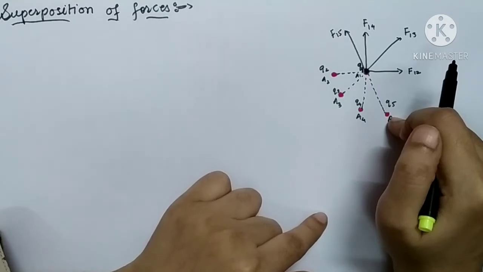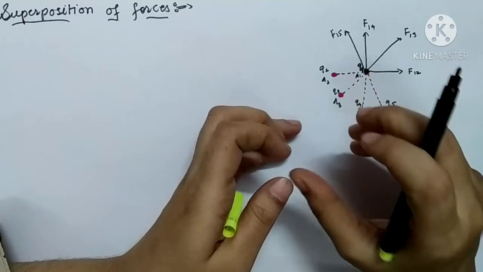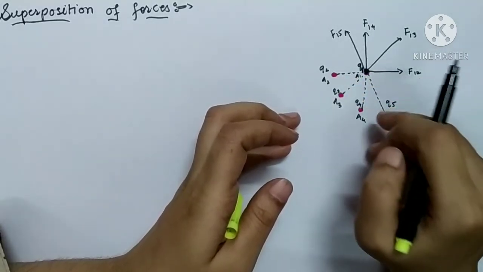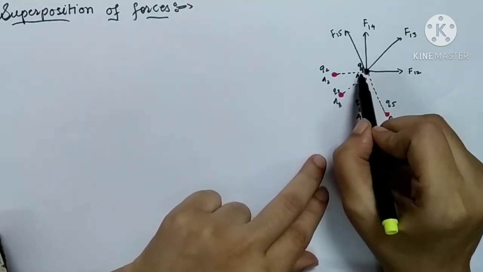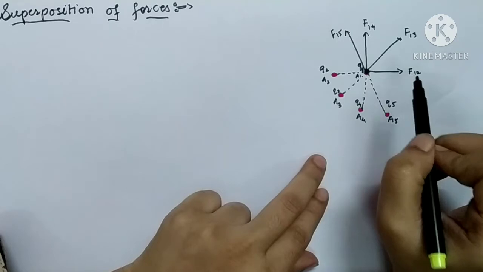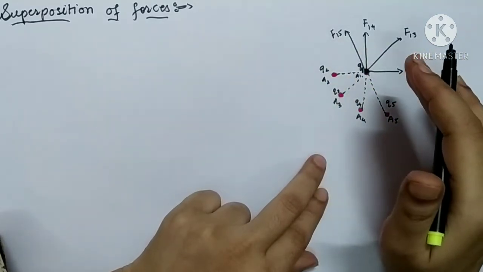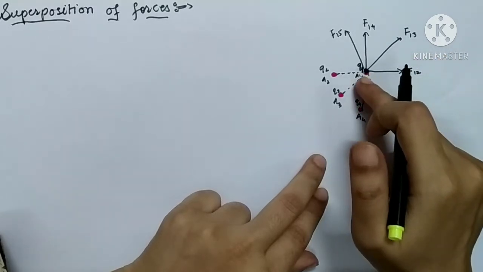So there will be a force of repulsion. Each and every charge is being repelled by all the other charges. Let us consider the charge Q1. We all know that each and every charge is going to experience the forces exerted by the other charges present in the system. But for the sake of convenience, let us consider only one charge Q1.